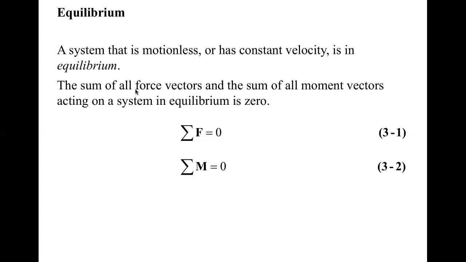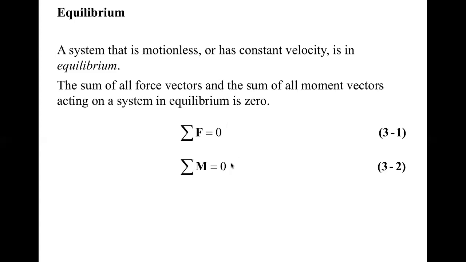Keep in mind, here we call them force vectors and moment vectors. Moment vectors means they have x, y, z directions. So you can break down the force balance equation into 3 equations in x direction, y direction, and z direction. For example, you may write sigma Fx equals 0, sigma Fy equals 0, and sigma Fz equals 0.